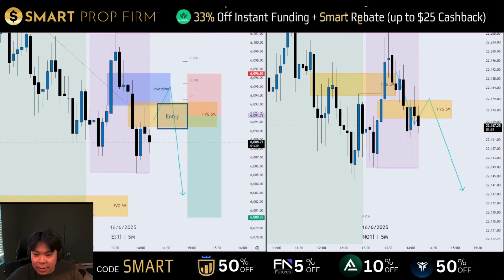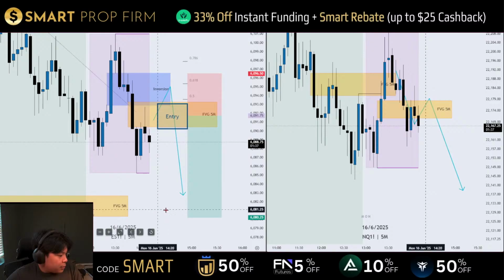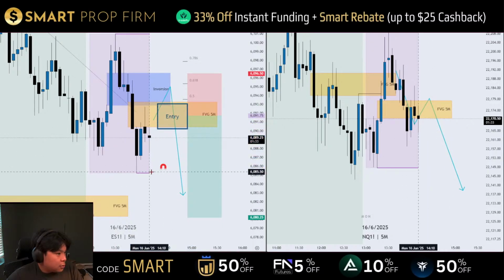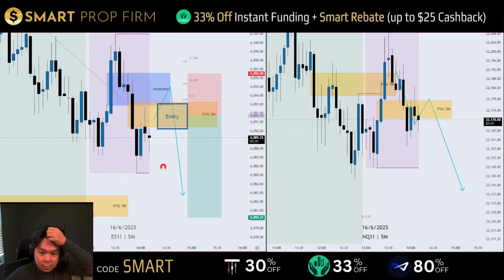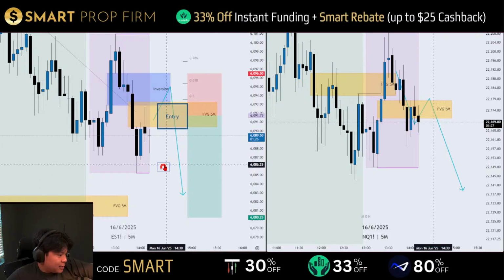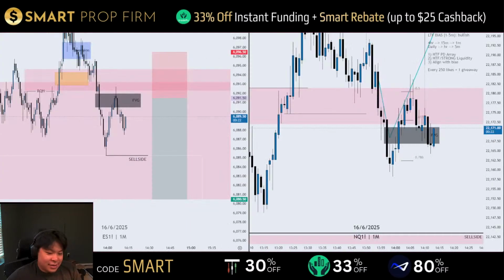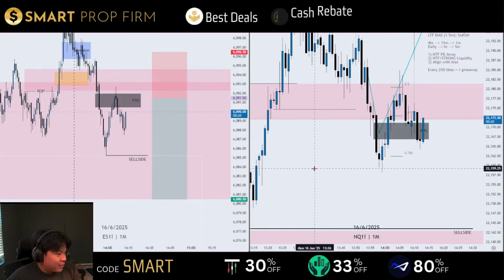Magnets on screen. Let me copy and paste this. Does this help? I don't know if this helps. I think it's doing the opposite right now.